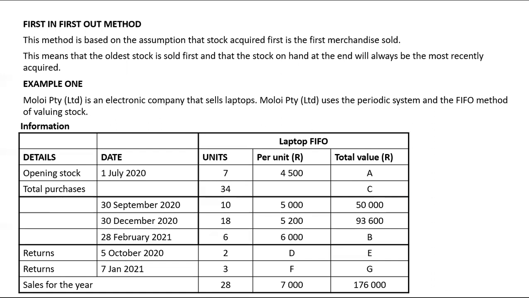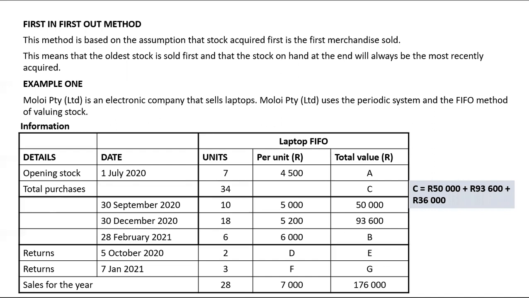For us to calculate C, it'll be 50,000 plus 93,600 plus B. I don't know how much B is yet, but I just showed you how we're going to get C. We know that B will be 36,000, which is just 6,000 multiplied by 6.